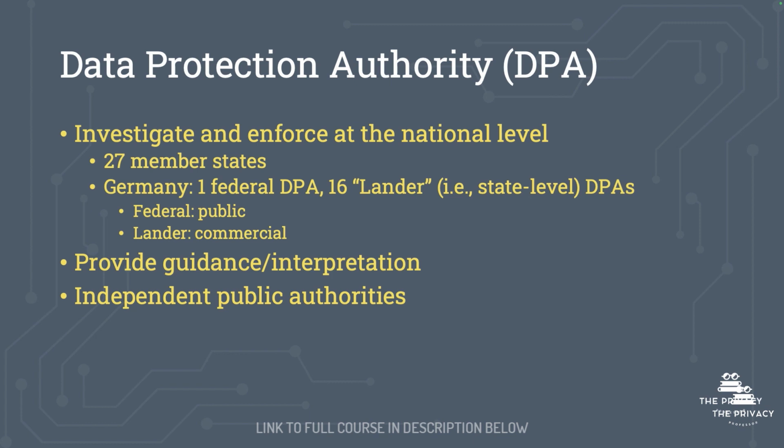And in Germany, the federal DPA oversees the public sector, whereas the Länder DPAs oversee the commercial sector. Data protection authorities also provide guidance and interpretation, and they are independent public authorities. Again, this is just a hunch, but I think knowing Länder and the difference here between the member states and Germany is important. That seems to me something that's very testable.